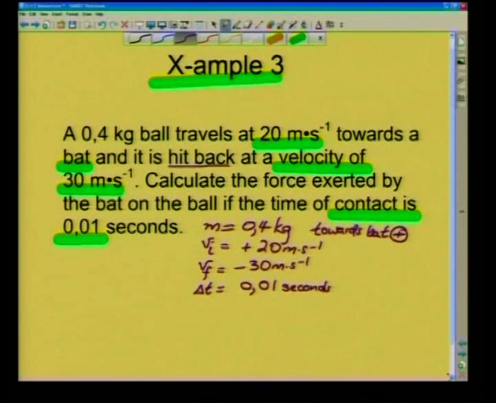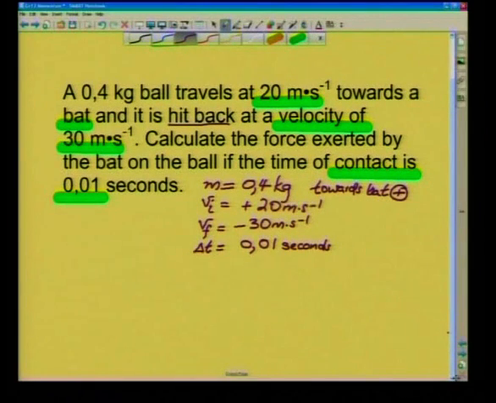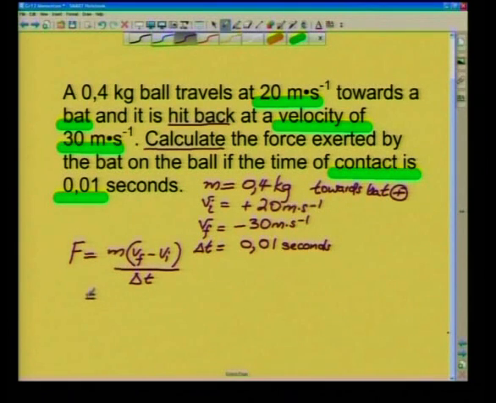Now let's try and answer the question. Calculate the force exerted by the bat. The force exerted by the bat will be equal to m times v final minus v initial, divided by delta t. Now, what is m? m is 0.4 kilograms, multiplied by what is v final?